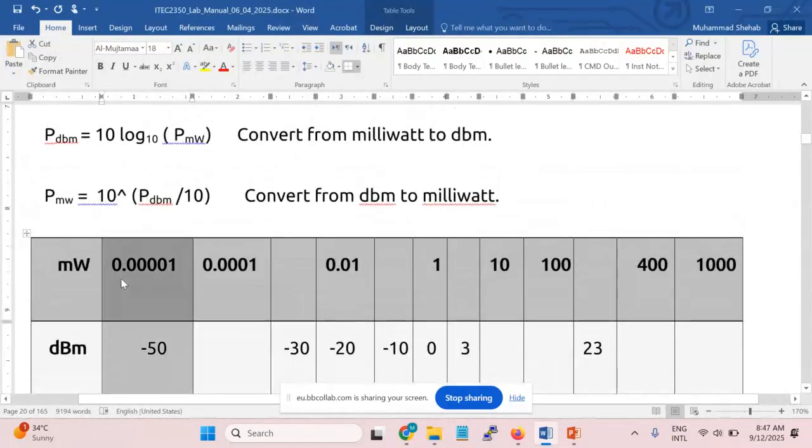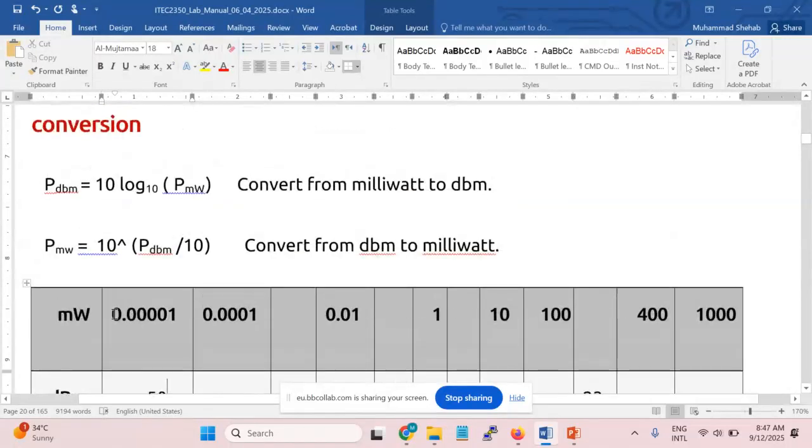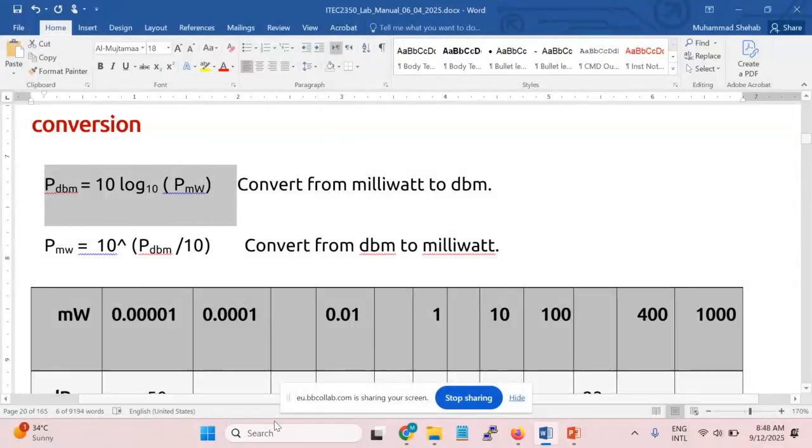Here he gave me one example, so I will apply both formulas. These values are given. How many milliwatt do I have here? 0.00001, or basically 10 to the power minus 5. I will use this formula to get the power in dBm.